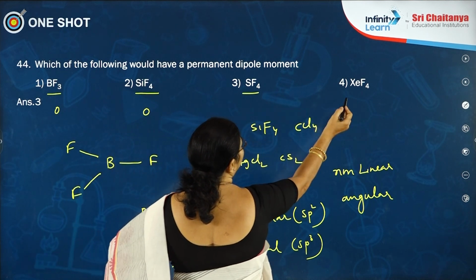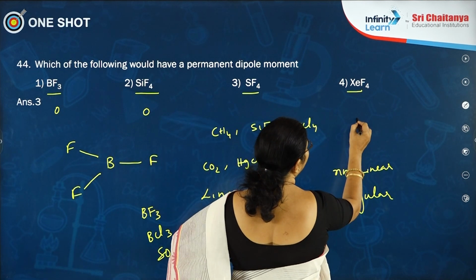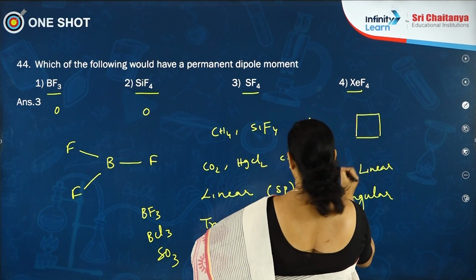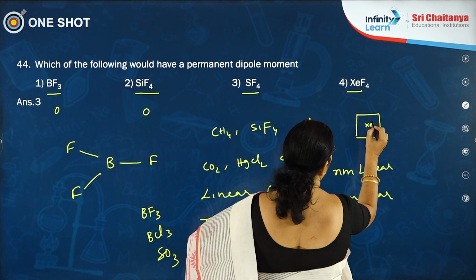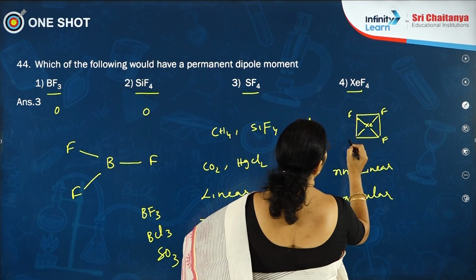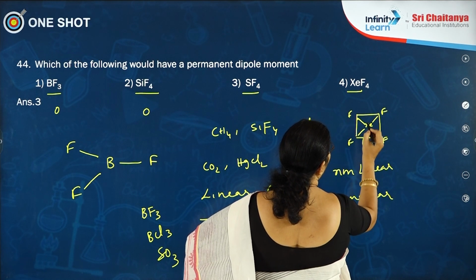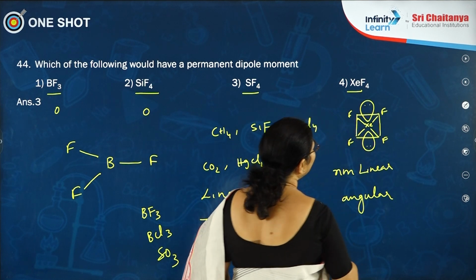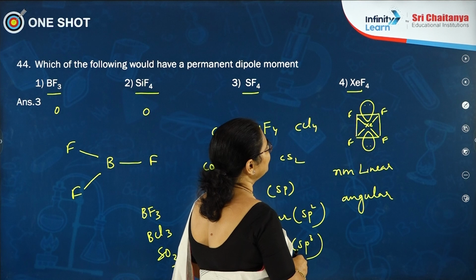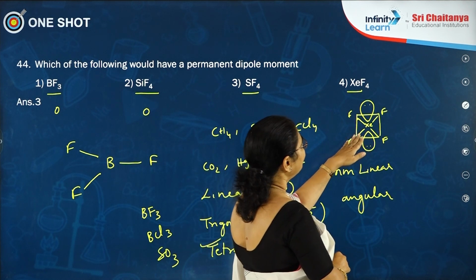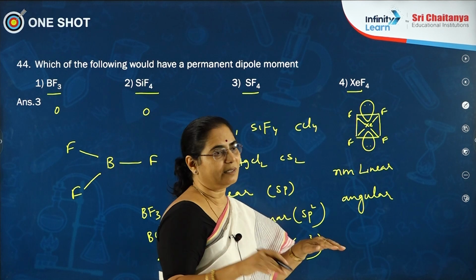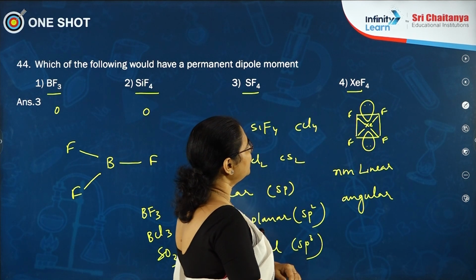SF4, XeF4, just have a look at this. XeF4 does not come under any of these 3 lists, but suppose you take XeF4, here the molecule has square planar structure. Actually geometry is octahedral with square planar shape because 2 lone pairs occupy axial positions. The molecule is considered to have square planar structure, planarity is there. So, that is why its dipole moment is 0.